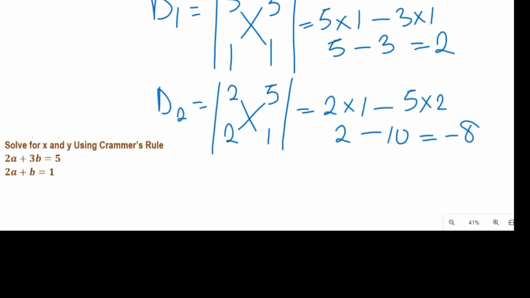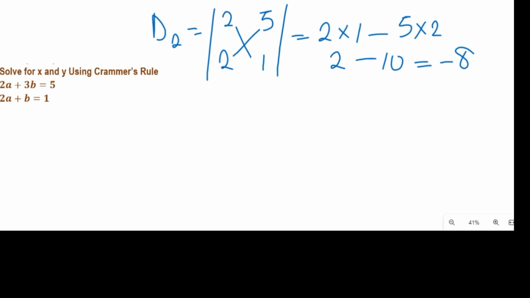Good. Now let's go ahead to find the values of a. Our a this time around will be equal to D1 divided by D0.